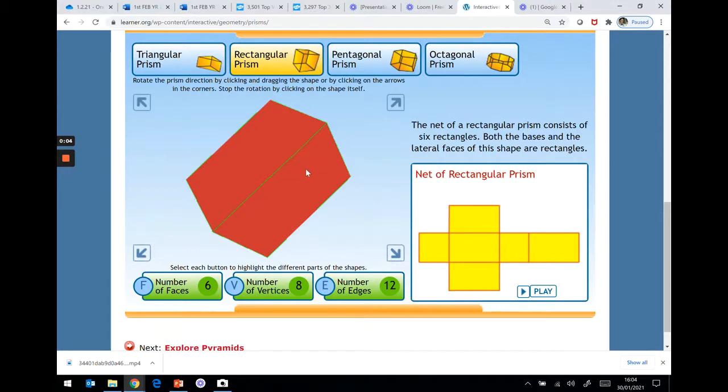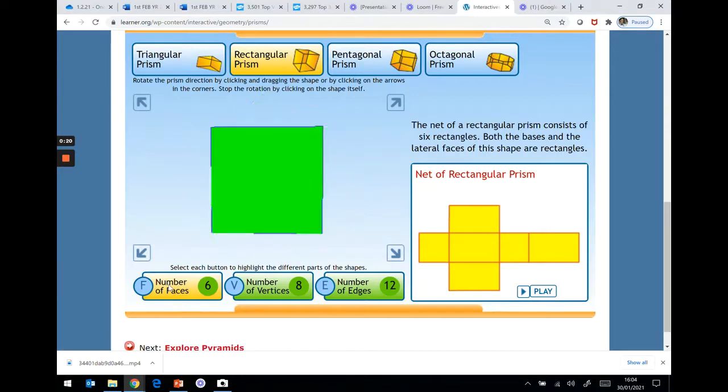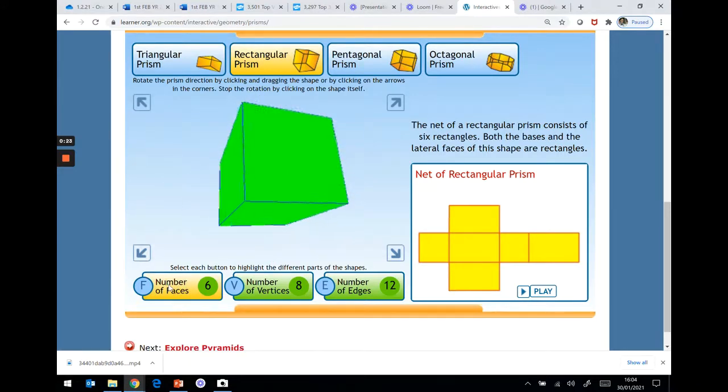So now we have a cuboid, also known as a rectangular prism, but we're going to call it a cuboid today. If we just let it move around the screen, you can see that a cuboid, the same as a cube, has got 6 faces. Okay, so I'll just press this and you can see those 6 faces in green. They're all flat.